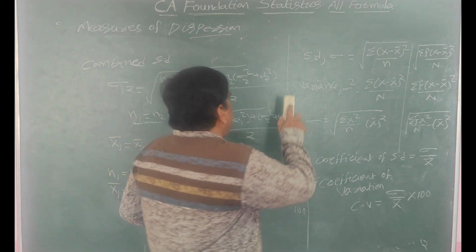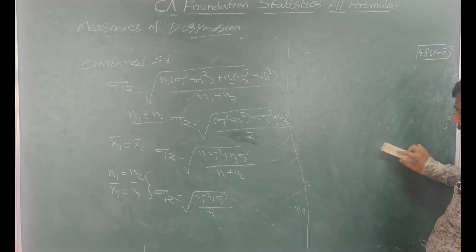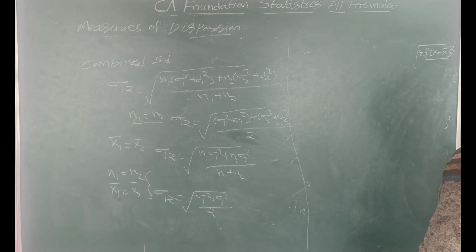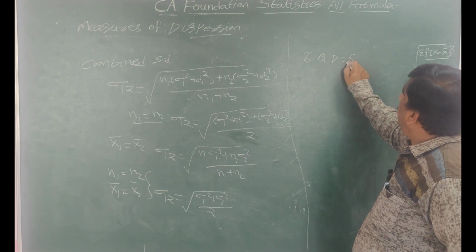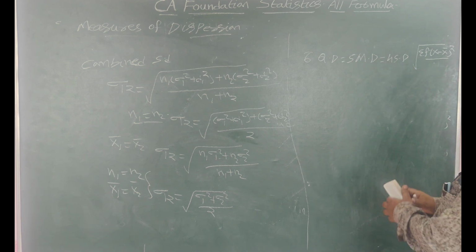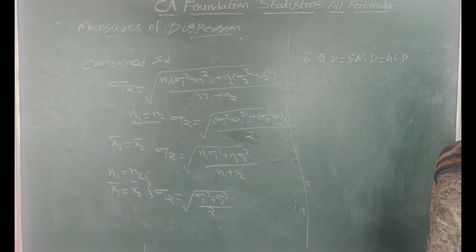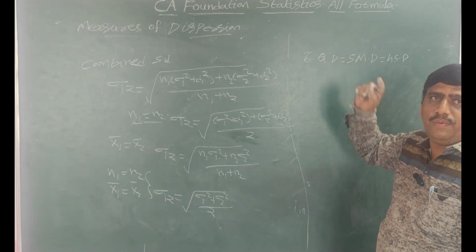After combined SD, now we will move on to the relation between QD, MD and SD. In the case of a symmetric distribution, we have the relation 6QD equal to 5MD equal to 4SD. From this relation, it is clear that SD will always be larger than MD and the least will be QD.